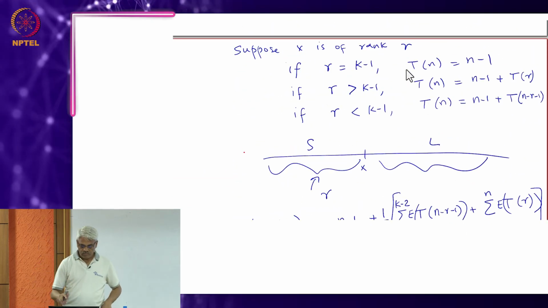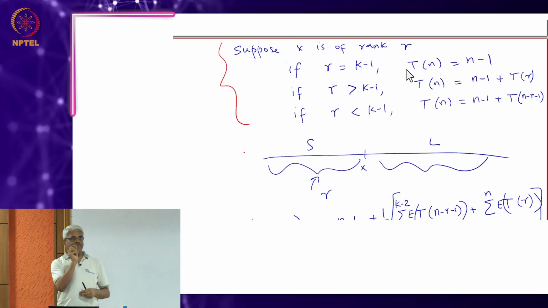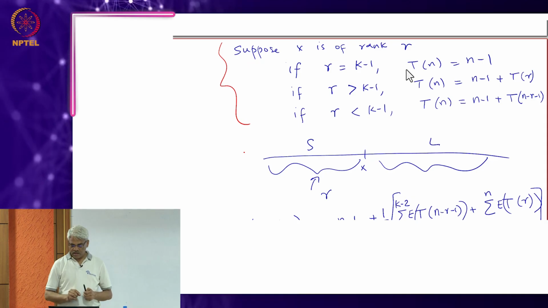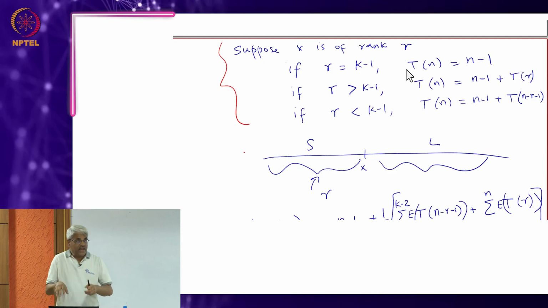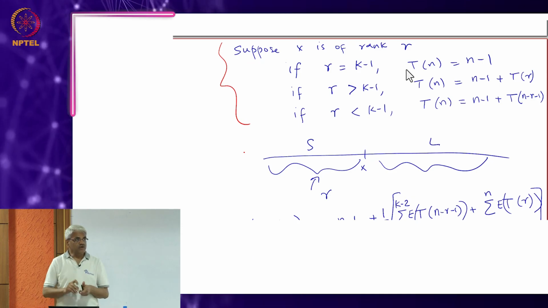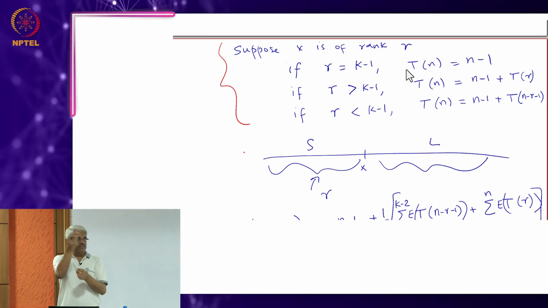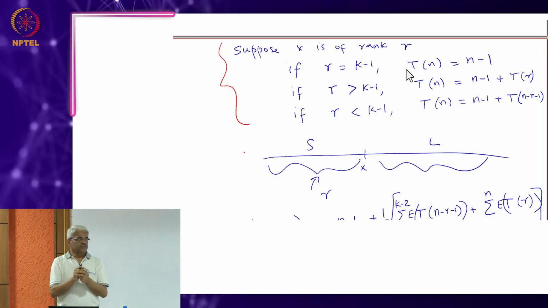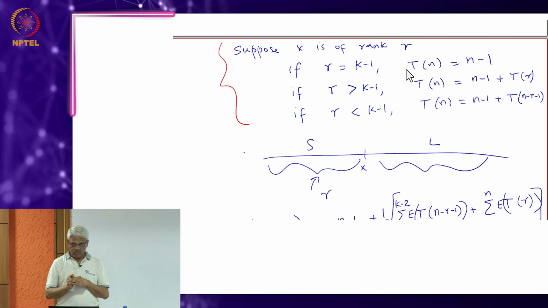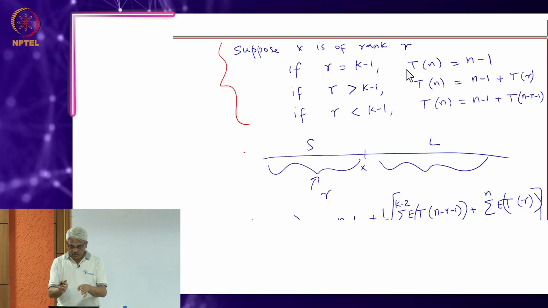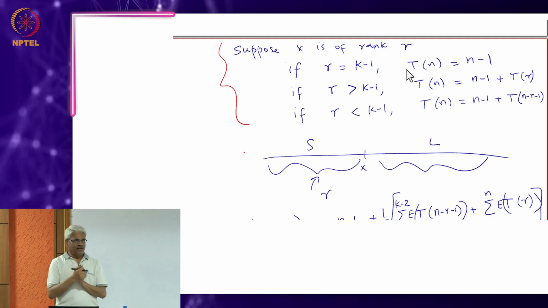Okay. So, now you can do something like what I did here. Suppose the pivot I picked is of rank r, then what would be T(n)? This is Quickselect, but for Quicksort, suppose the pivot I picked is of rank r, then what would be the recurrence relation? No, r is just r, there is no k here.